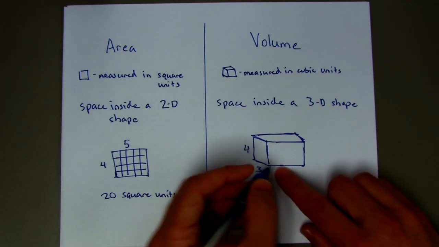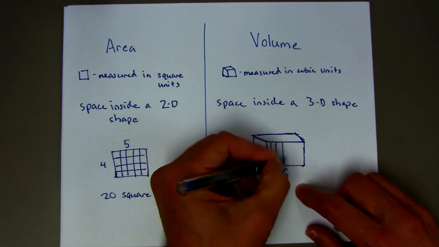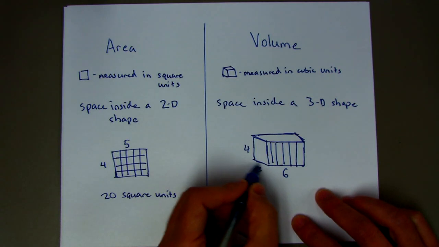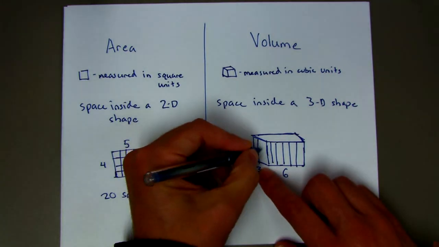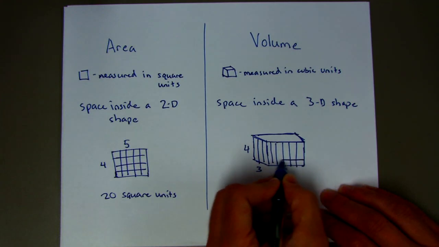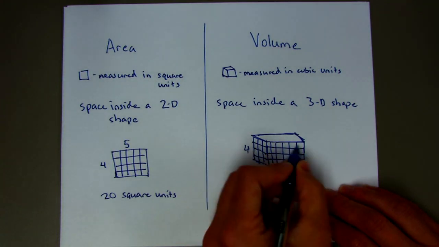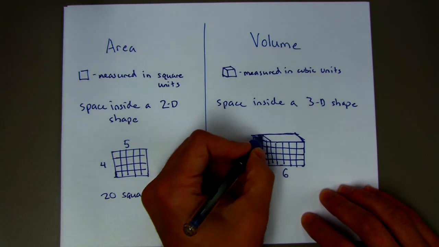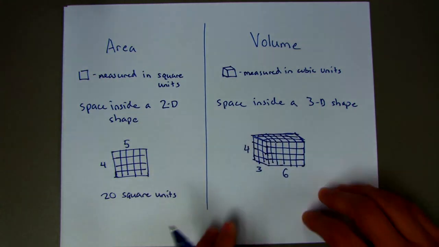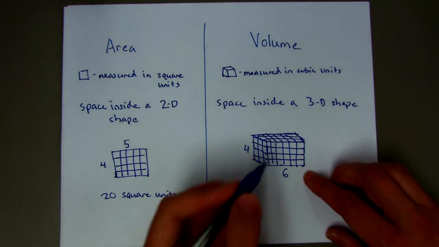Well, if I have 6 columns along the length, 1, 2, 3, 4, 5, 6, and then I have 3 as the width here, so 3 along that side, and then 4 high, so 1, 2, 3, 4 rows, and then I just need to finish my drawing here. You can see how many cubes would be in this shape. That would be the volume.